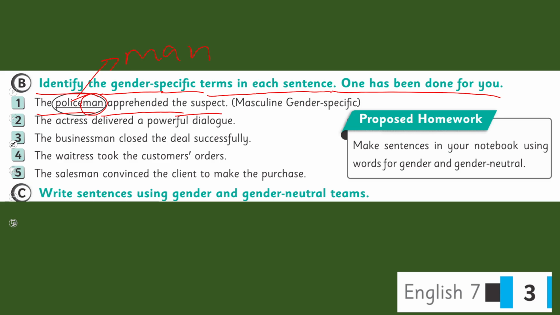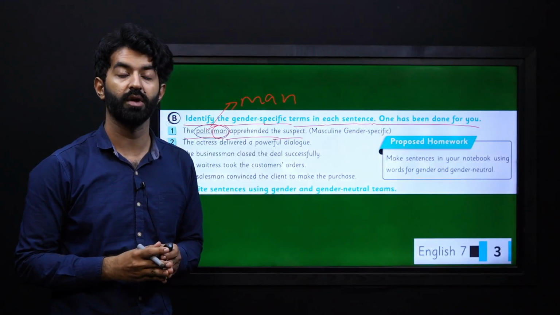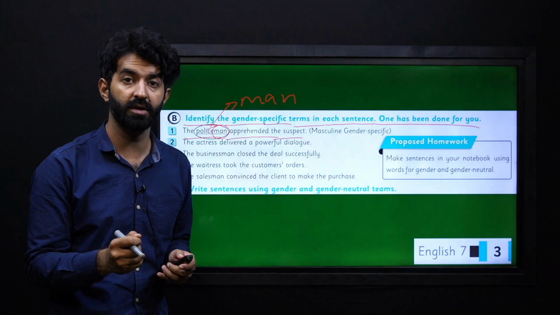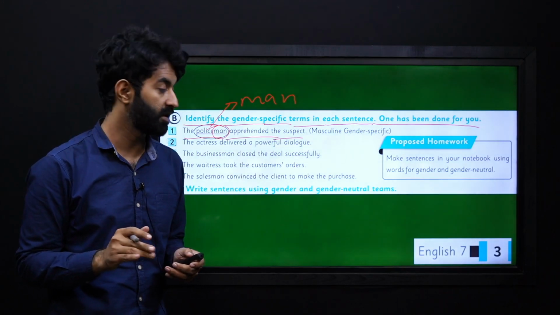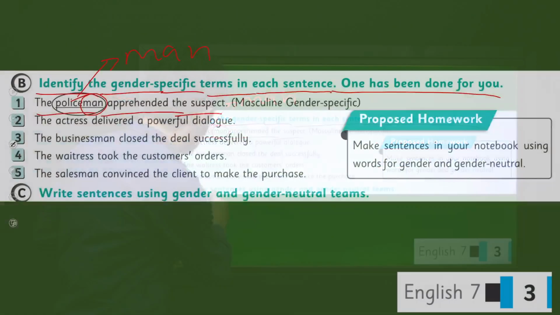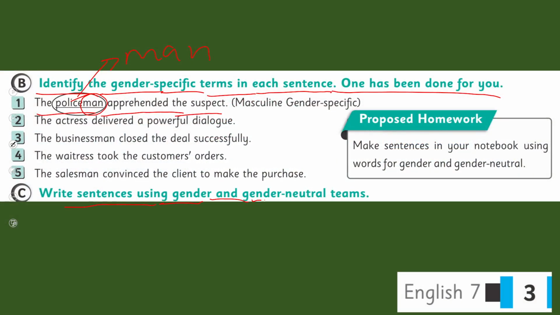So we can easily identify. Similarly, in the next sentences, you can easily find out whether it's masculine gender, feminine, or no gender at all. Also, you will write sentences using gender and gender neutral terms.